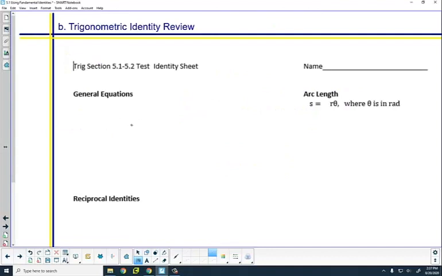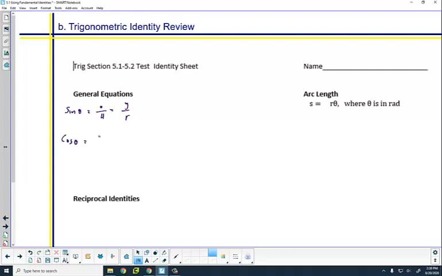And let's review your identities. This is the identity sheet that you're going to be given. We have our general equations. So sine theta is opposite over hypotenuse, or y over r.